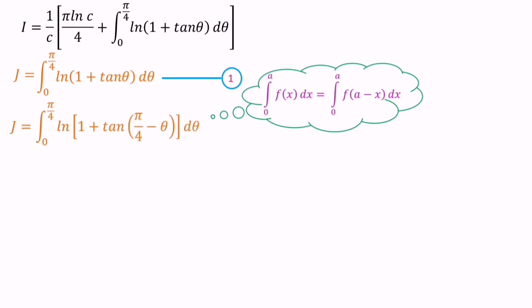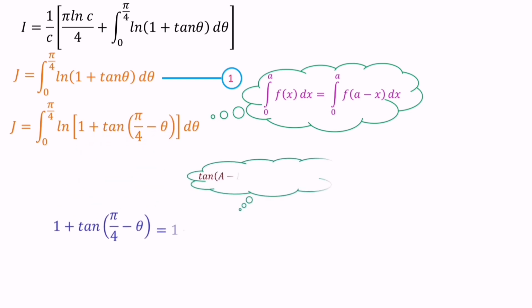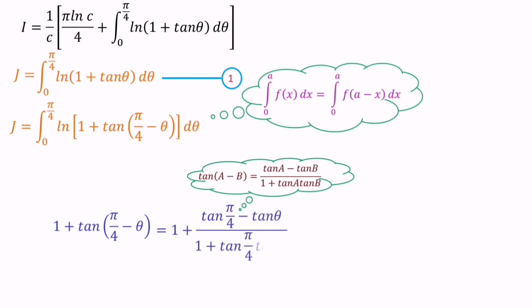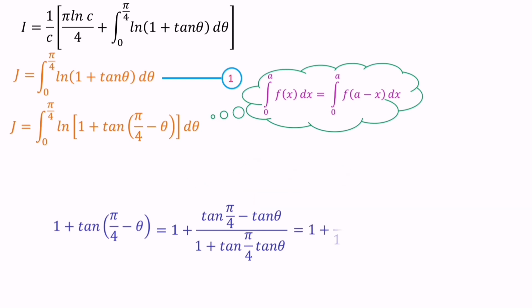1 plus tan of pi over 4 minus theta, we can write as 1 plus tan pi over 4 minus tan theta over 1 plus tan pi over 4 into tan theta. Tan pi over 4 means tan 45 degrees. Tan 45 degrees equals 1. So, we can write 1 plus 1 minus tan theta over 1 plus tan theta.